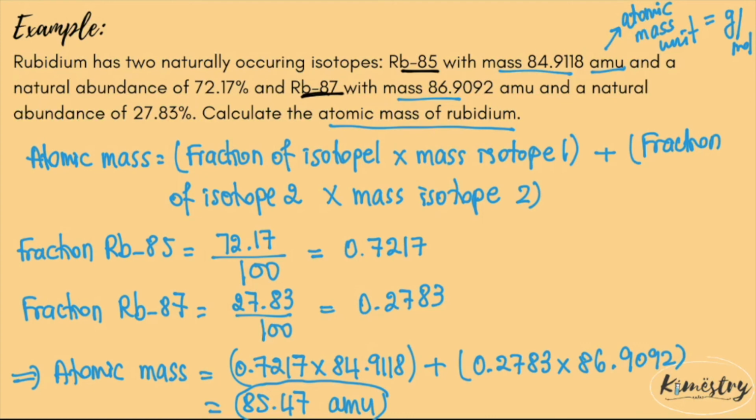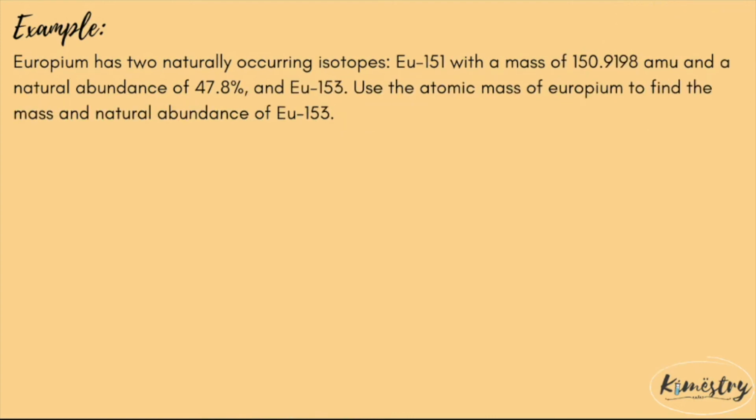Okay, so one last example. Europium has two naturally occurring isotopes, Eu151 with a mass of 150.9198 AMU and a natural abundance of 47.8%, and Eu153. Use the atomic mass of europium to find the mass and natural abundance of Eu153. So we know that the isotopes will add up to 100%.